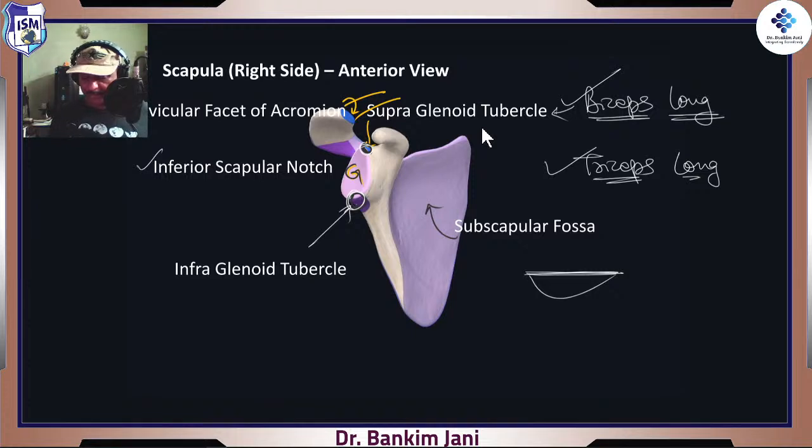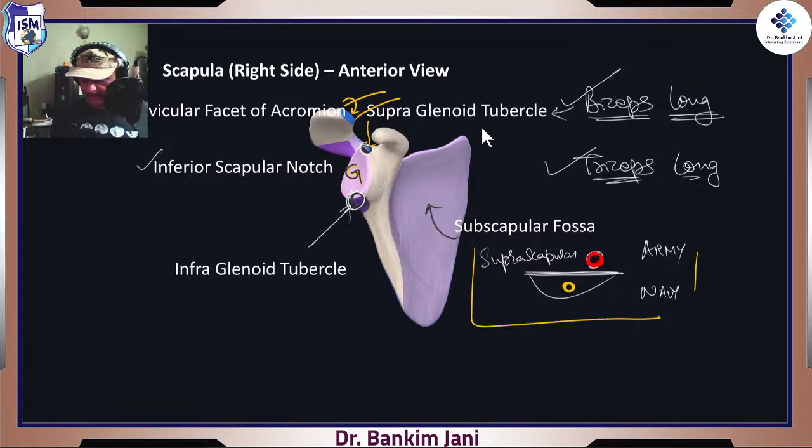And why do we need to remember it? Because army is above and navy goes below. Army means the suprascapular artery, which was passing above. So let's draw this as red. The artery was above and the suprascapular nerve was passing underneath. This is the suprascapular notch.